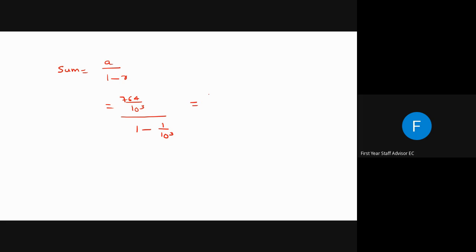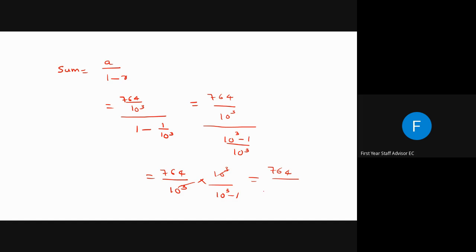That means 764 divided by 10 raised to 3, all divided by 1 minus 1 by 10 raised to 3, which is 764 divided by 10 raised to 3 into 10 raised to 3 divided by 10 raised to 3 minus 1. These cancel, so the answer is 764 divided by 1000 minus 1, that is 999.